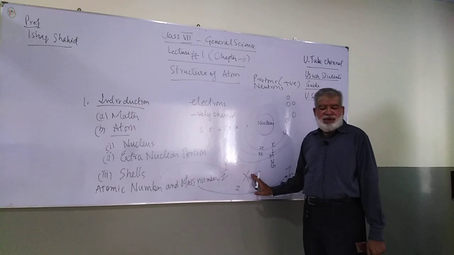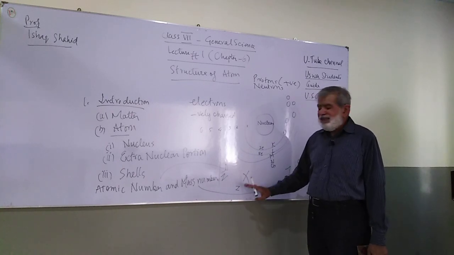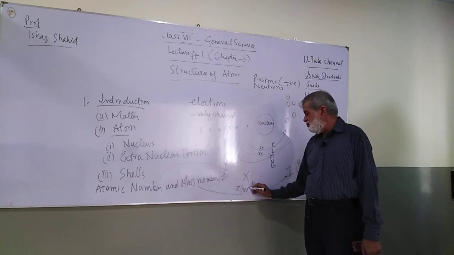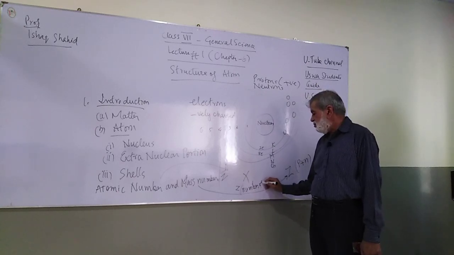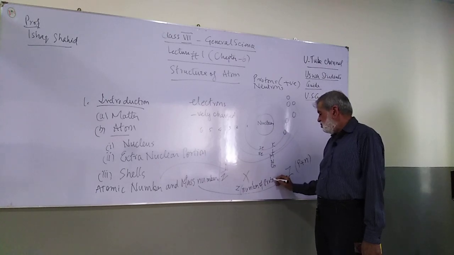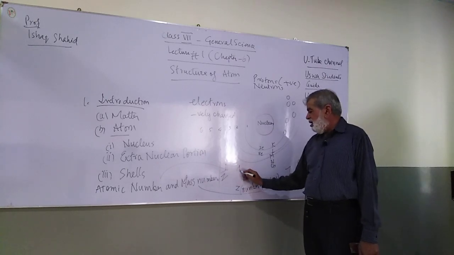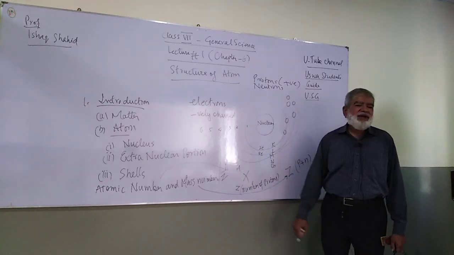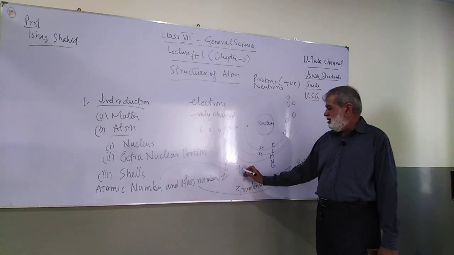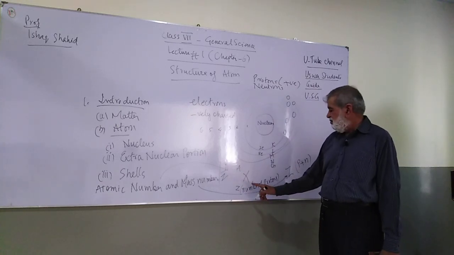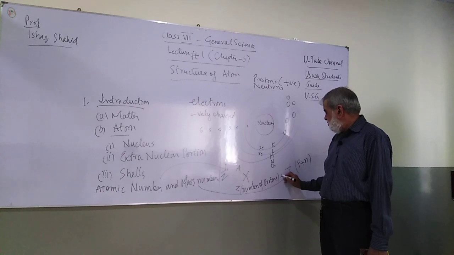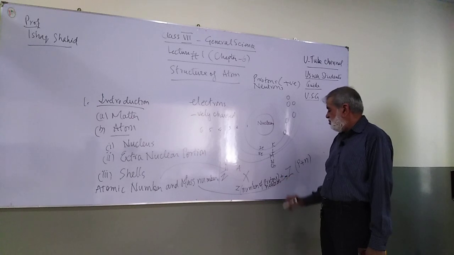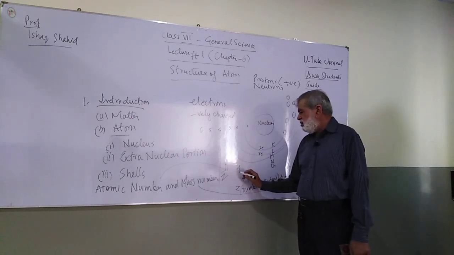If X is the element of which we talked about, Z being the atomic number, which means the number of protons, then A is denoted like this in the superscript of the element, and it means the number of protons plus neutrons.